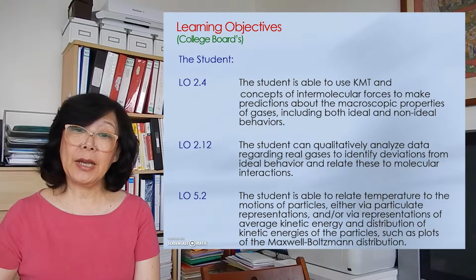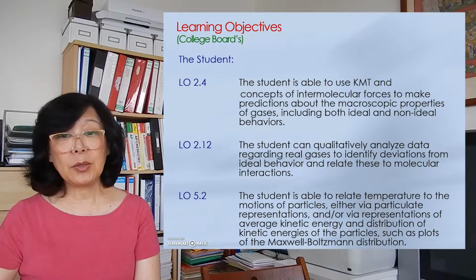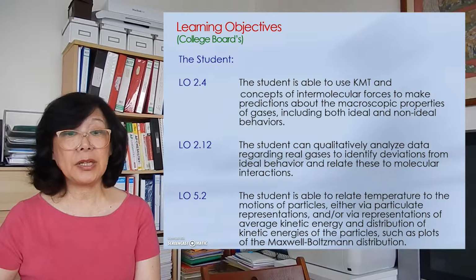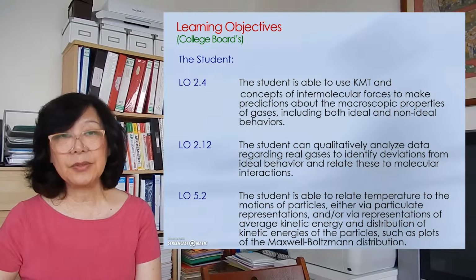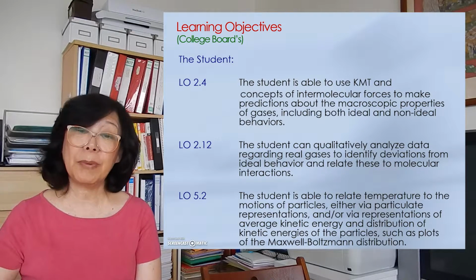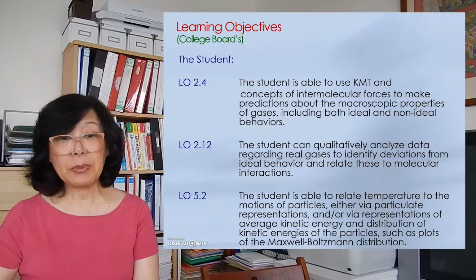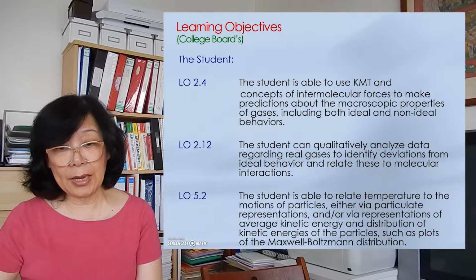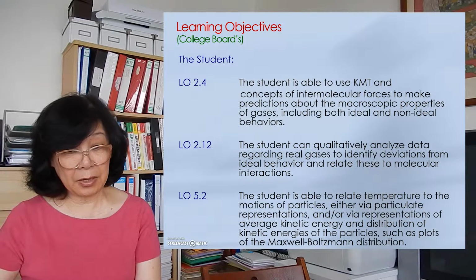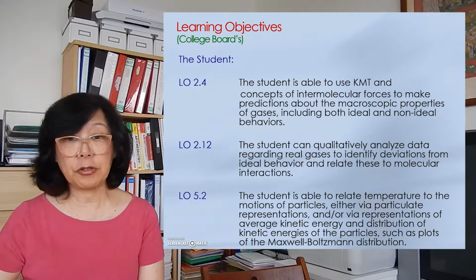That the student can qualitatively analyze data regarding real gas deviation from ideal gas behavior and relate them to molecular interactions. That the student is able to relate temperature to the motion of particles, either by particulate drawings or by representation of average kinetic energy and distribution of kinetic energy of the particles, such as the plot of the Maxwell-Boltzmann distribution curve.